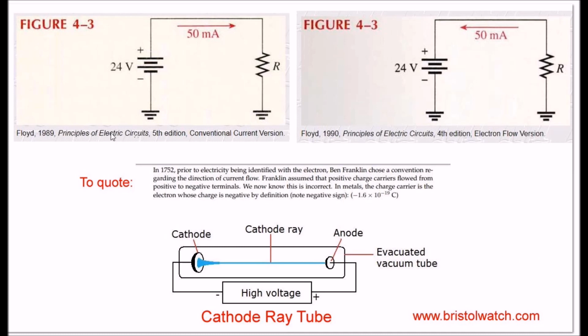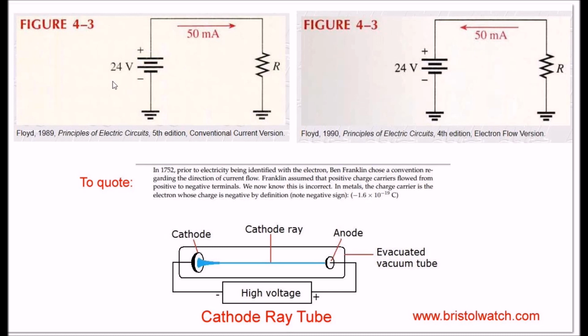Now, Principles of Electric Circuits by Floyd. Floyd is a widely read author in community colleges, but you notice something here. In the fourth edition, around 1990, you notice that we have, in one edition, negative to positive. This is called electron flow.